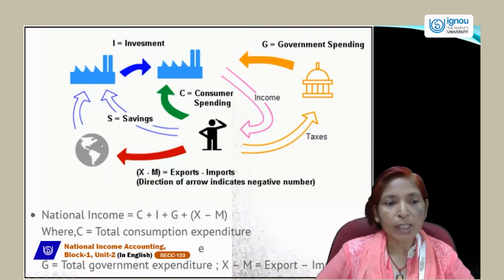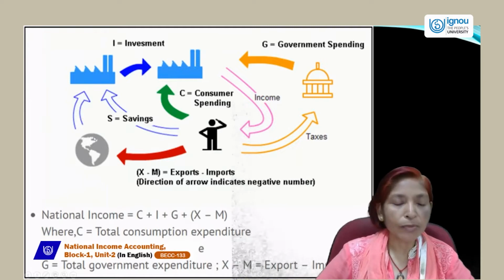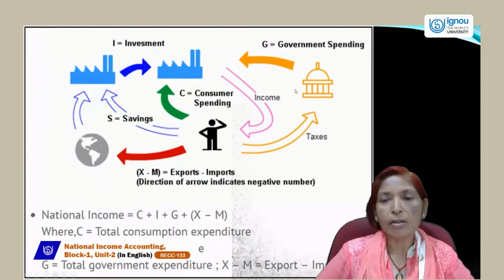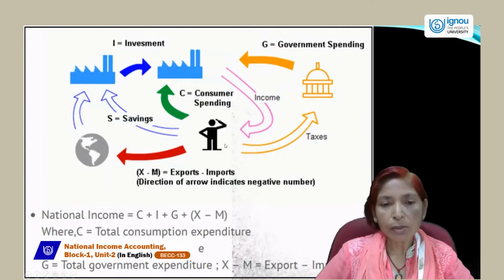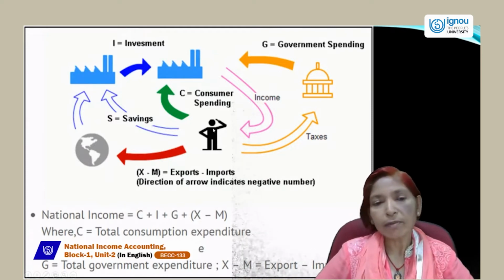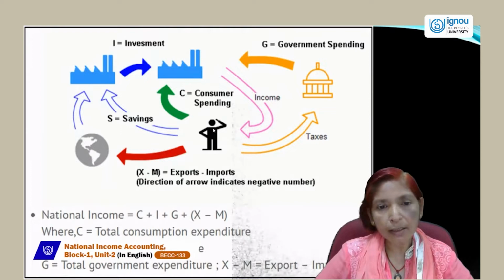This red arrow shows that this globe is the rest of the world sector. This is the firm sector, this is the government sector, and this is the individual person or household sector. The household sector provides means of production to the firm sector, and firms provide goods and services to the household sector.